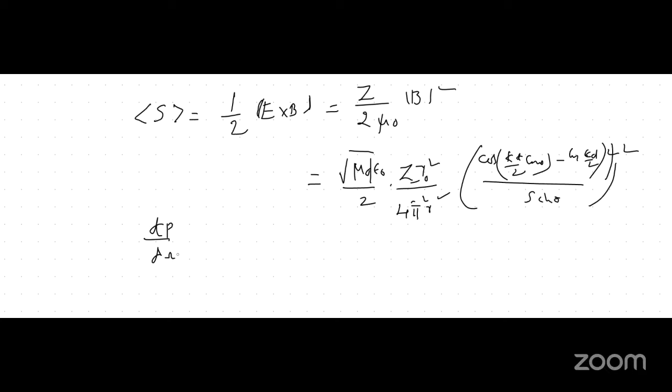So dP by d omega is the square root of mu naught by epsilon naught by 2 into z I naught square into cos of kd by 2 cos theta minus cos of kd by 2, divided by sine theta, whole square.